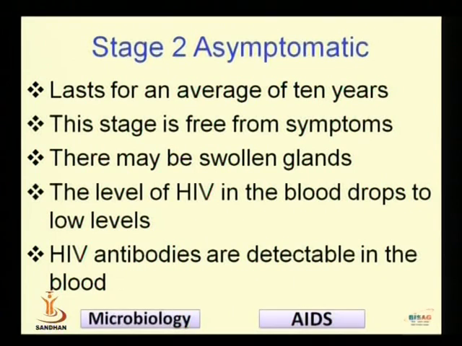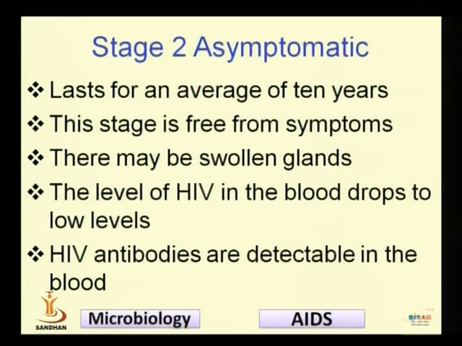Stage 2 is asymptomatic. After 2 to 6 weeks, when the primary stage is over, we have a stage which is a very dangerous one, asymptomatic. Why do I call it a dangerous one? Because during this particular period, the person appears to be normal, and this asymptomatic stage can last for as long as 10 years.